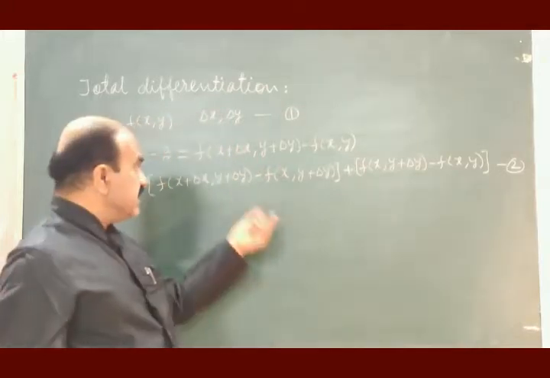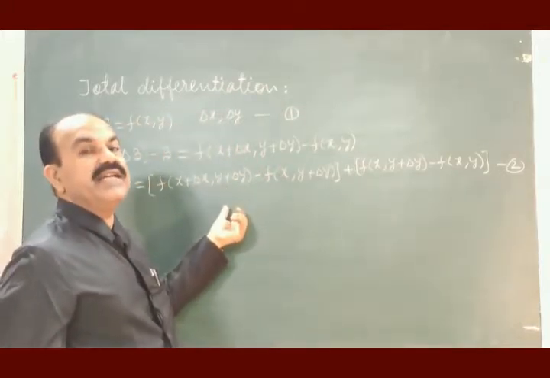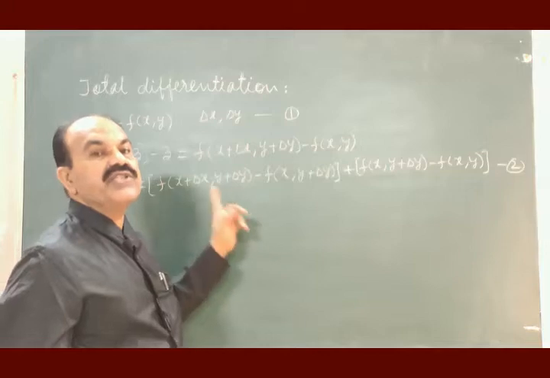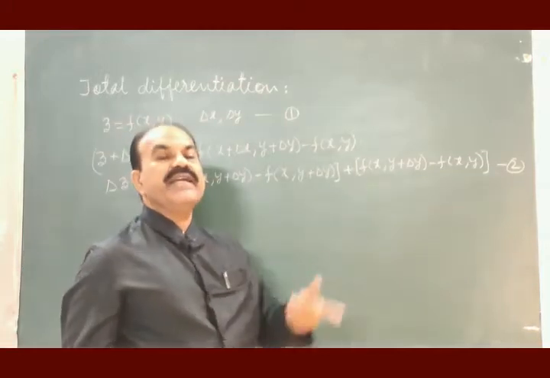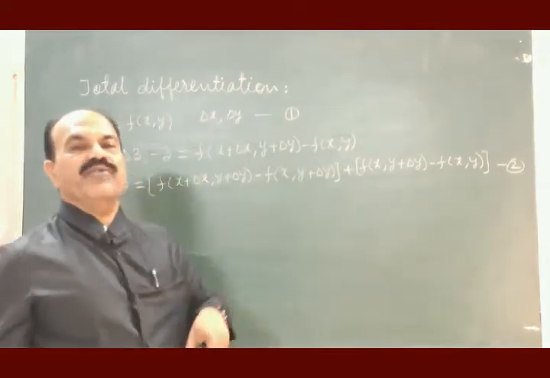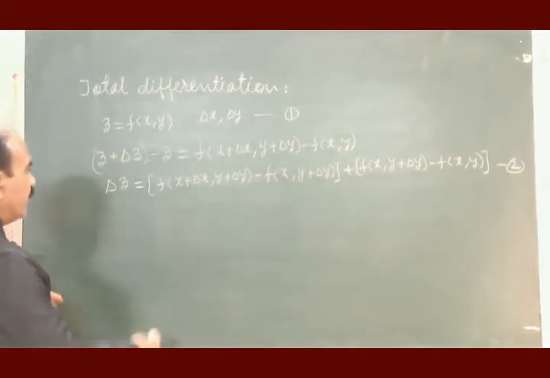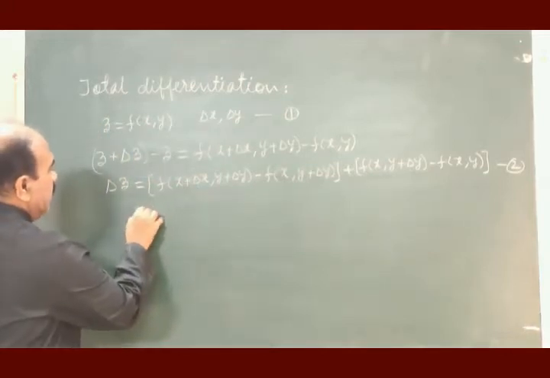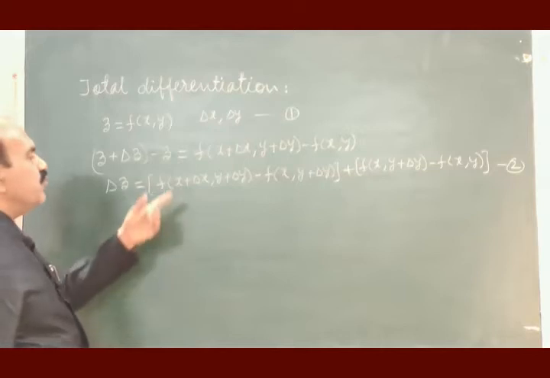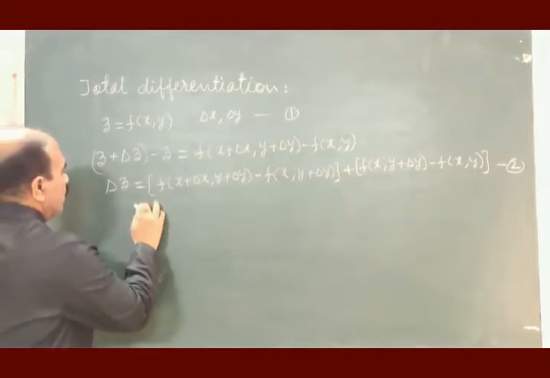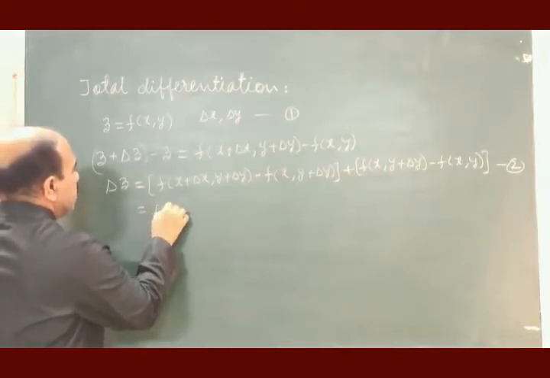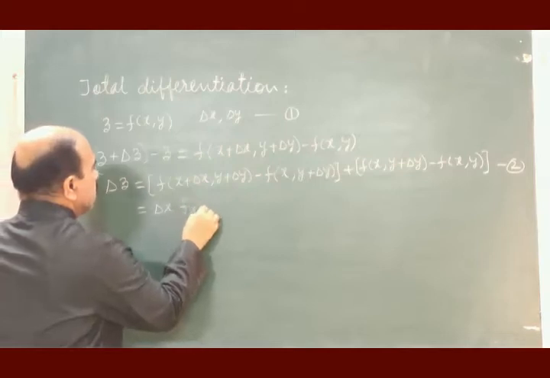Keeping in mind, in first square bracket f is function of x only, in second square bracket f is function of y only, and therefore after applying Lagrange's mean value theorem to first bracket, we will get delta x f x.